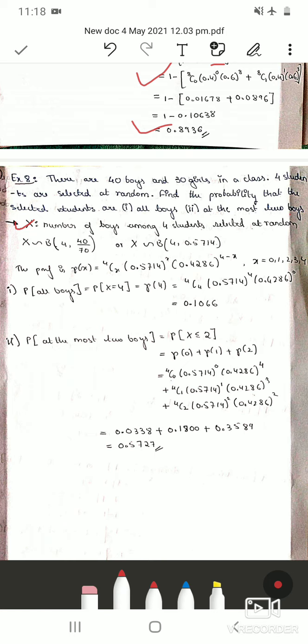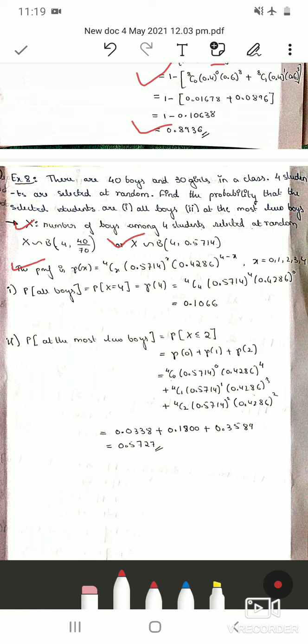X is the number of boys among 4 students selected at random. Therefore X follows binomial with parameters 4 and 40 by 70, and 40 by 70 is nothing but 0.5714. Therefore the PMF is 4cx into 0.5714 raised to x into (1 minus 0.5714, which is 0.4286) whole raised to 4 minus x. Here x takes the values 0 to 4.